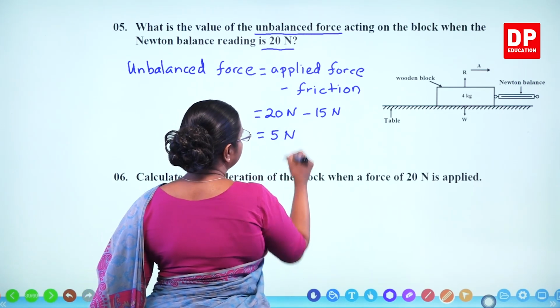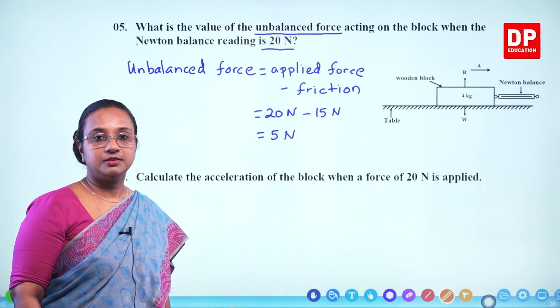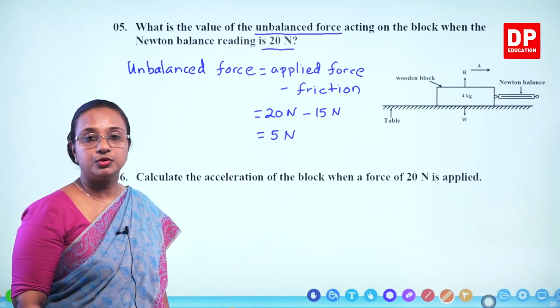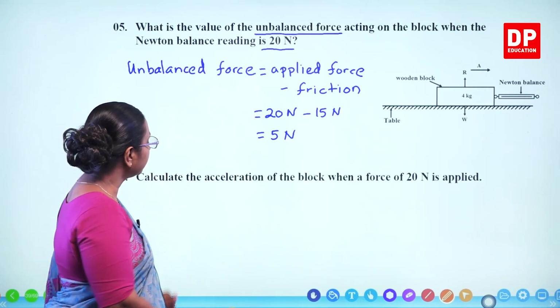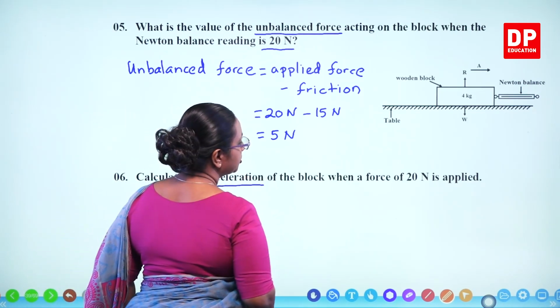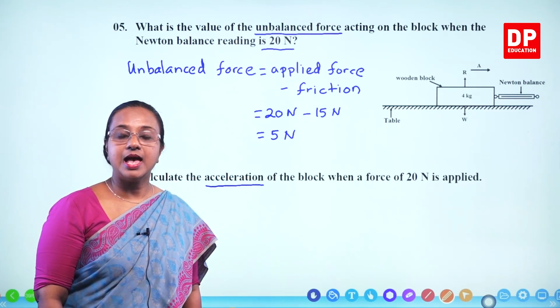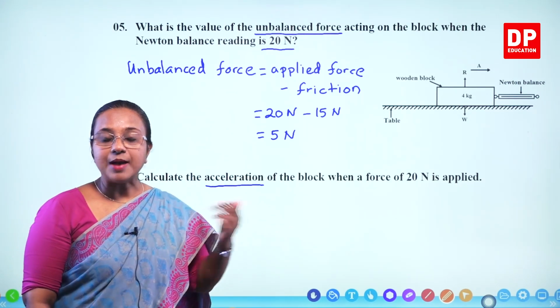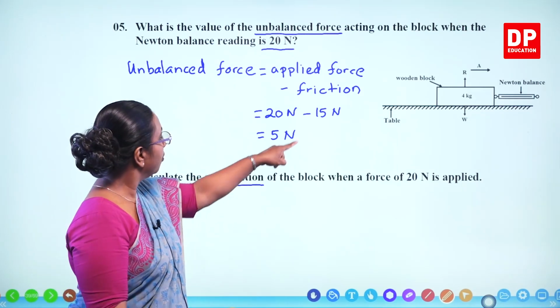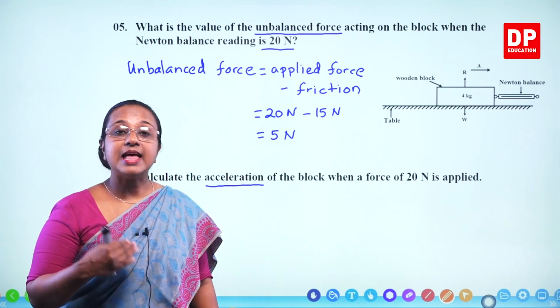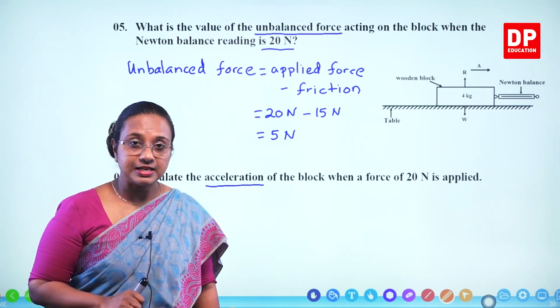And the value will be 5 Newton. That is the unbalanced force acting on the wooden block. Calculate the acceleration of the block when a force of 20 Newton is applied. Although we apply 20 Newton force, only 5 Newton is the unbalanced force that will cause the acceleration.